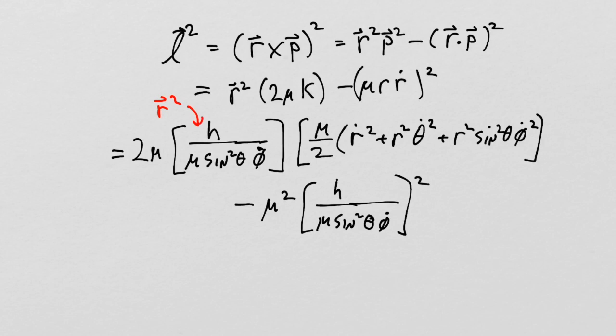And this is the kinetic energy right here, that's K, and there's the 2 mu. So the 2 mu, the K, and the r squared, they're all accounted for. Then this part here is r squared. This part's r squared, this is mu, something's missing, yes, the r dot right here squared is missing. So I've got to put that r dot squared.